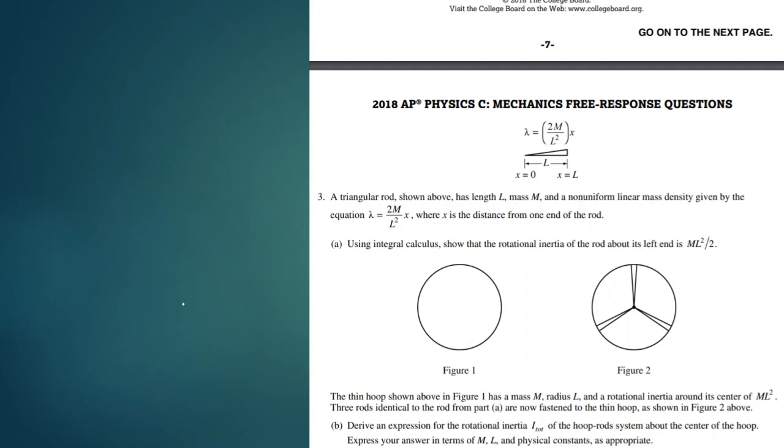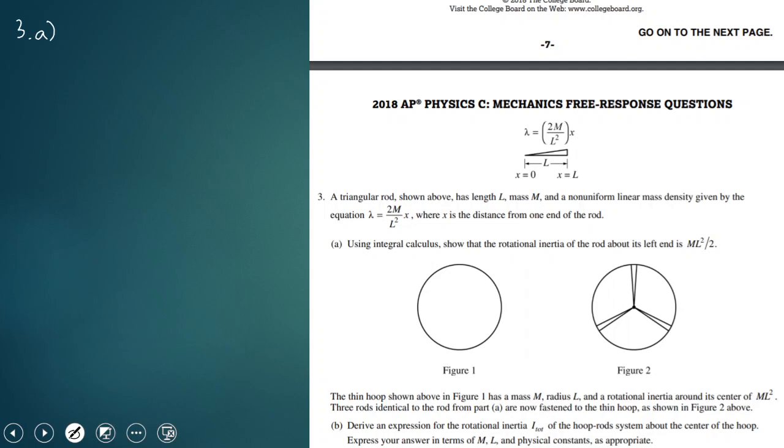Okay, so that marks question 2, and now we're on to question 3, a rotational motion and rotational dynamics question. So a triangular rod shown above has length L, mass m, and a non-uniform linear mass density given by the equation lambda is equal to 2m over L squared x, where x is the distance from one end of the rod.